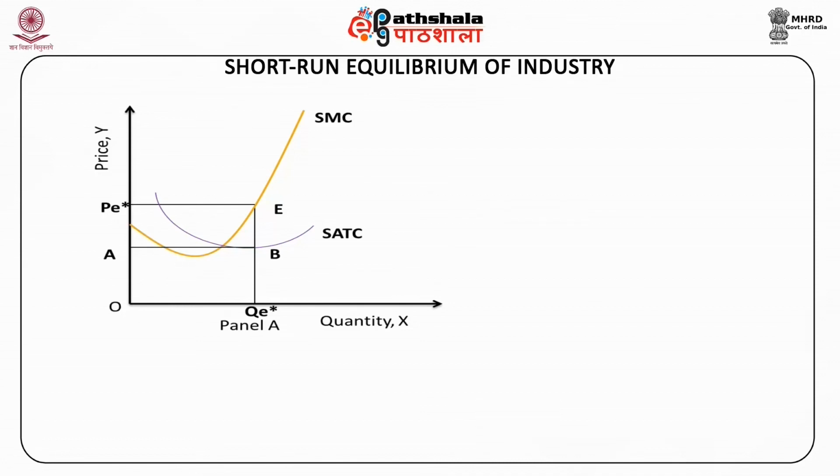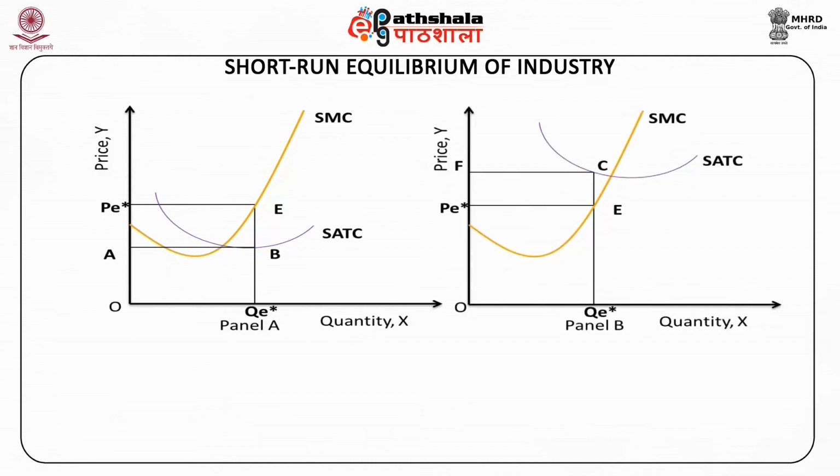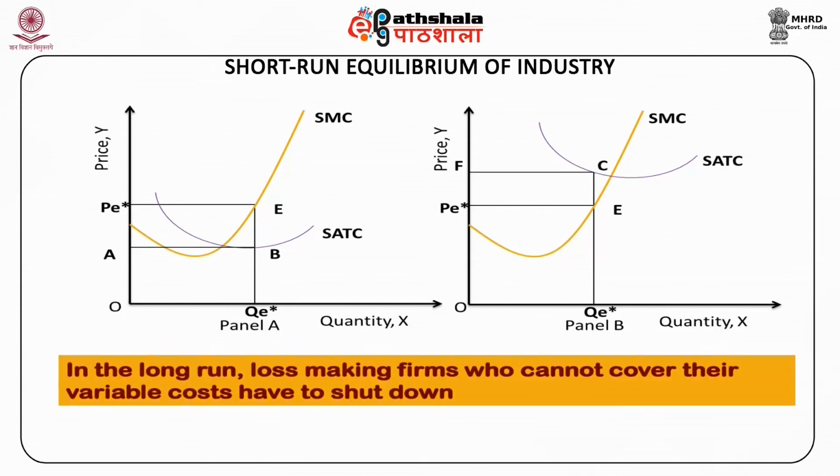Or the industry may also suffer losses as seen in panel B, where the area PE star ECF represents the losses. However, in the long run, firms that make losses and cannot cover at least average variable cost will close down.